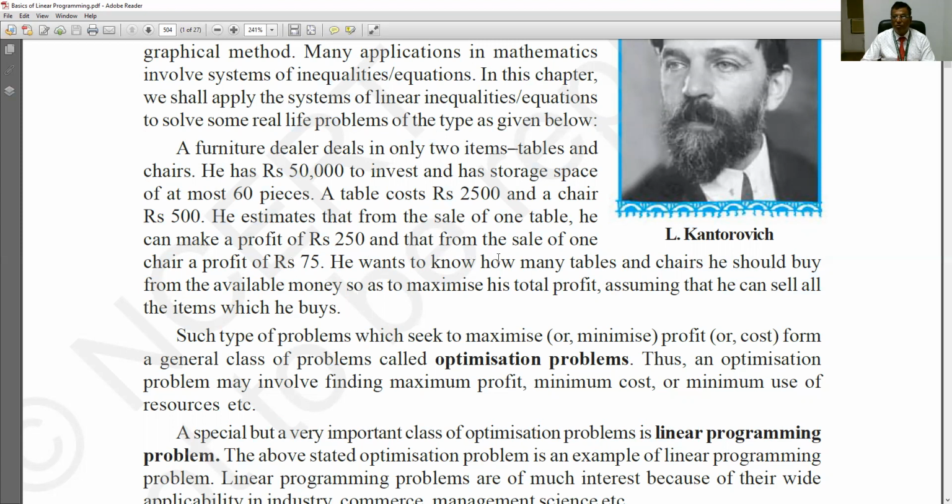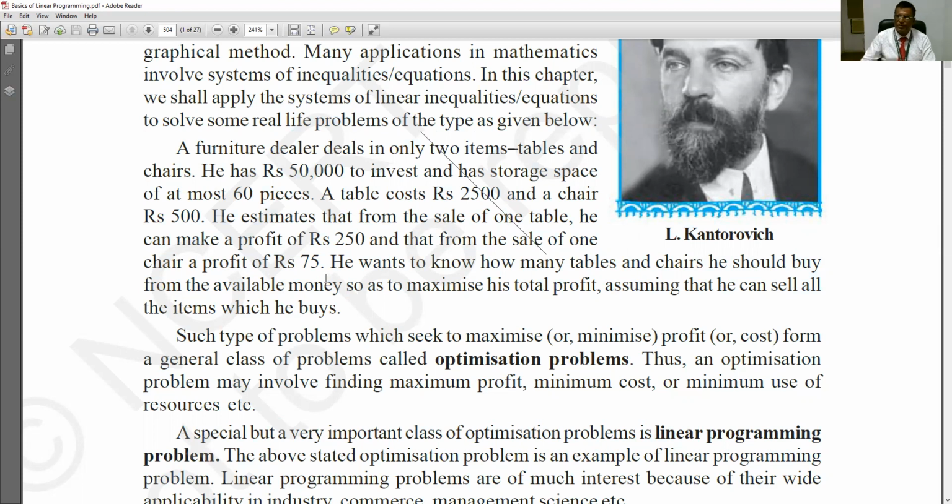He wants to know how many tables and chairs he should buy from the available money so as to maximize his total profit, assuming that he can sell all the items he buys. So you have the numerical values, this 50,000, then this 500, then this 2,500, this 250, and this 75.